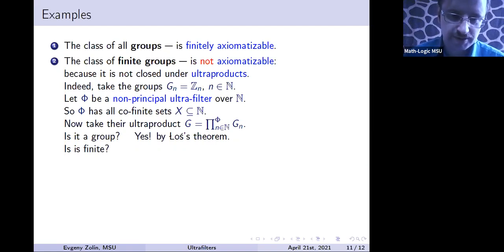It's not clear. But we again can use Łoś's theorem. Łoś's theorem can help us. The first question: is this group of size at least 2? Is it the case that this group has at least 2 elements, possibly more?